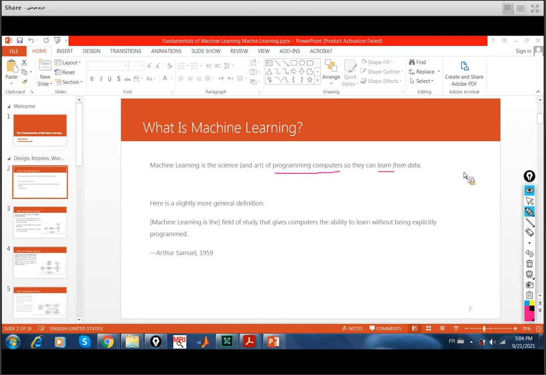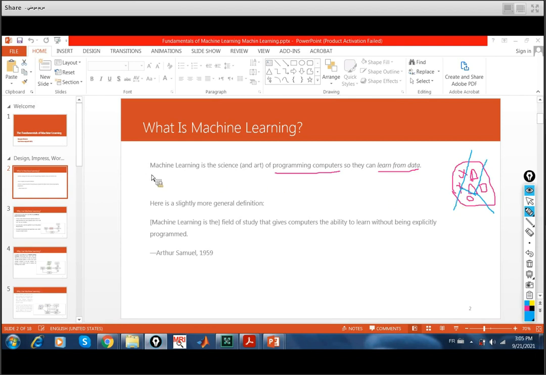For example, if you have data like this: crosses, triangles, squares, circles. We want to program computers, for example, to classify crosses from triangles. How do we write code to distinguish these objects?